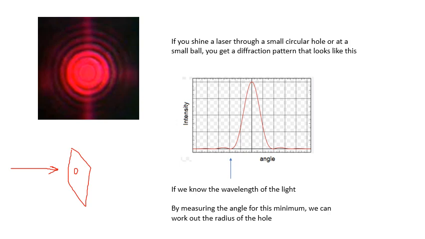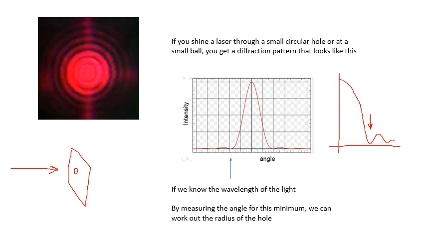And my 2-dimensional single slit diffraction pattern is a blob in the middle with rings around it. Okay, and the actual intensity against angle is this graph here. If we just look at half of the graph, intensity against angle, the important thing is that there is this minimum here. That's the useful bit, that minimum.